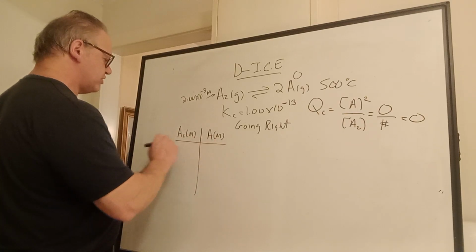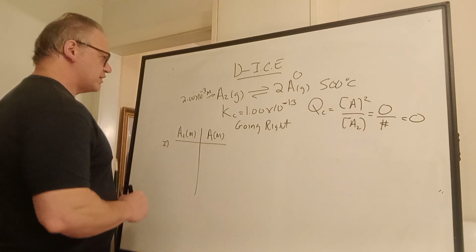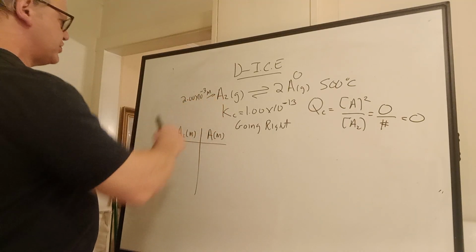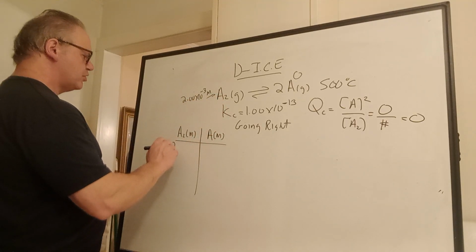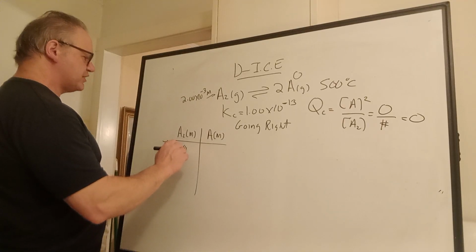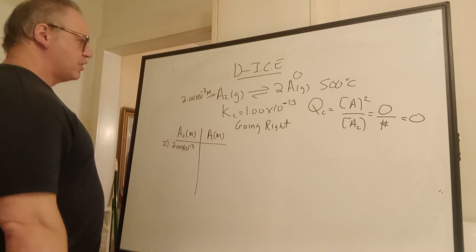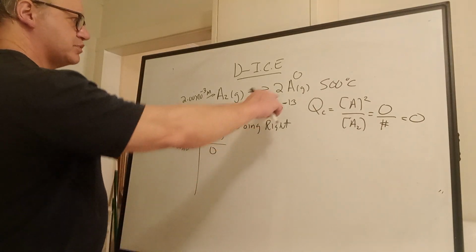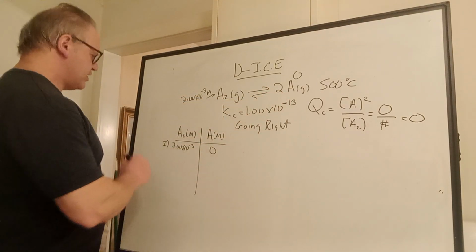So initially, the I, we have for the species A2, 2.00 times 10 to the minus 3 molar. But we have a big old 0 here for the species A. Here's a key step.